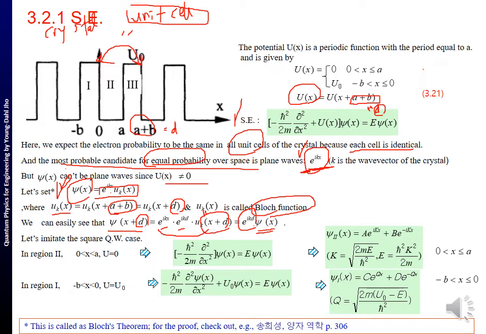Let's imitate the square quantum well case as we did before. Then in region 2, where the potential is 0, this Schrödinger equation is now simple, just like the free particle case. Then the solution is shown here.